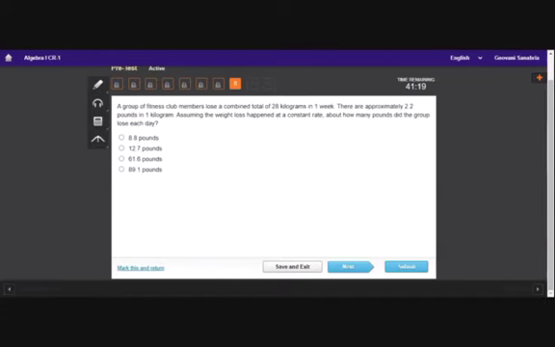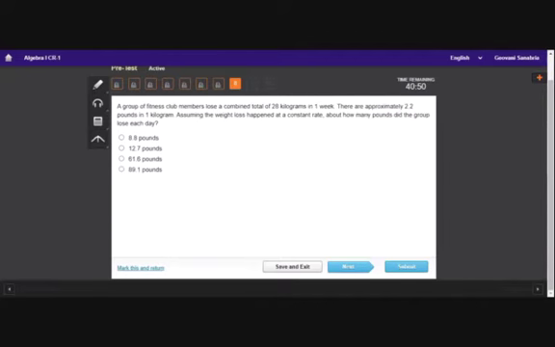The group of fitness club members lose a combined total of 28 kilograms in 1 week. For this one, we would divide the 28 by 2.2. There are approximately 2.2.